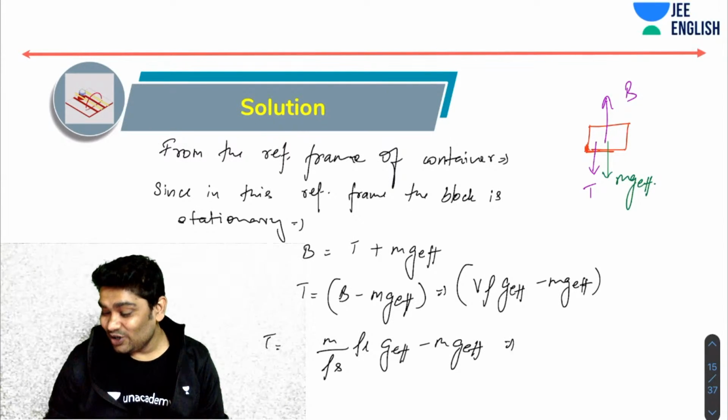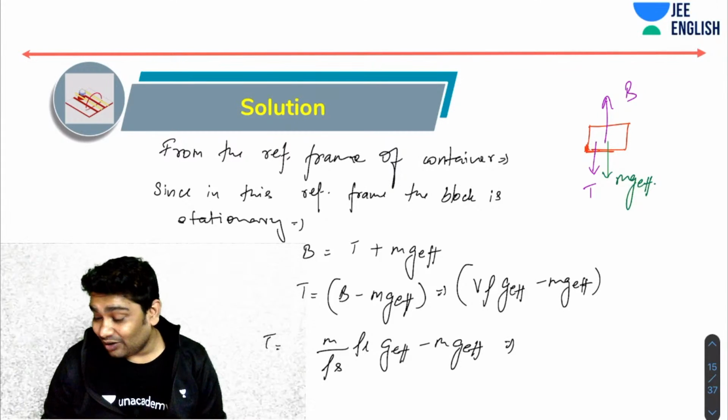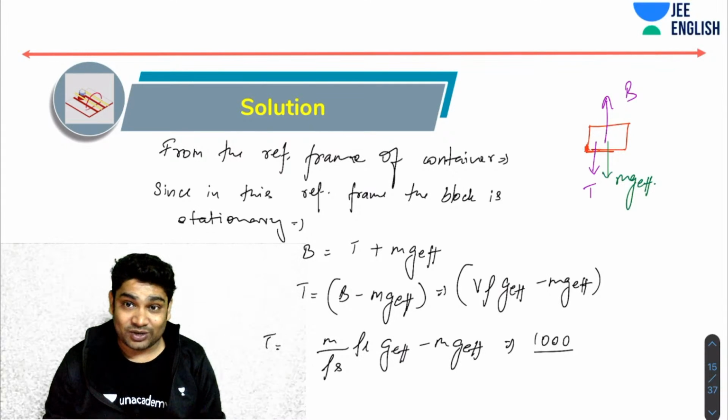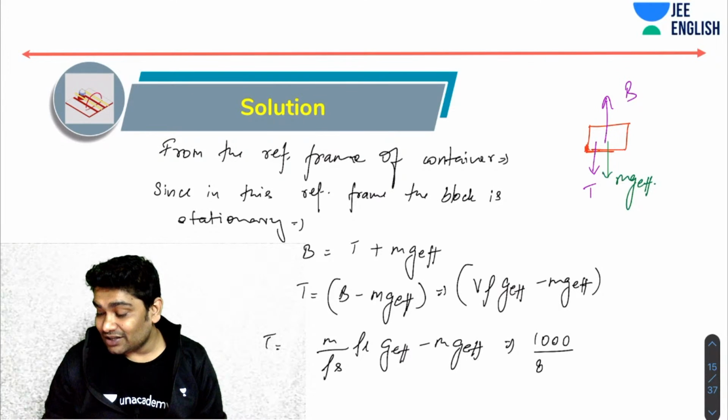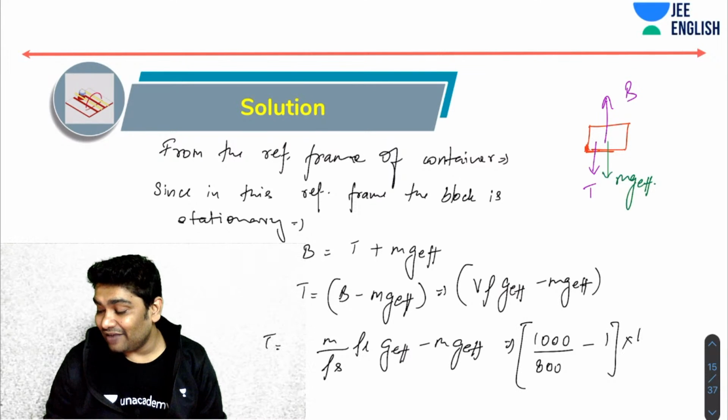Let's see. Now all I need to do is substitute all these values. M is 1. Now rho of liquid, let's use SI units. The density of water is 1000, over the density of the solid, which is 800, minus 1, times g effective, which is 11.